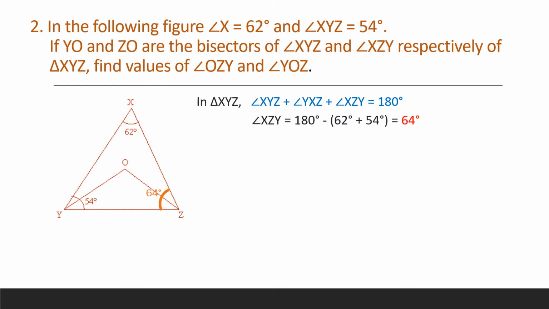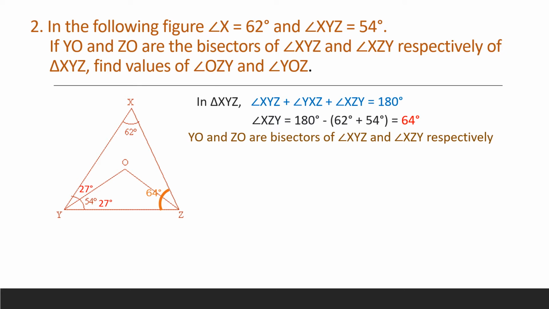Now it is given that the lines YO and ZO are the bisectors. Bisectors means it divides the angle into two equal halves. So 54 divided by 2 is 27. So this side 27, that side 27.